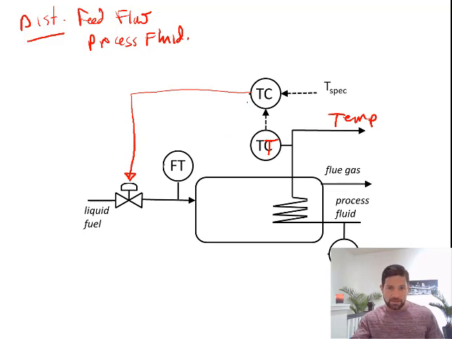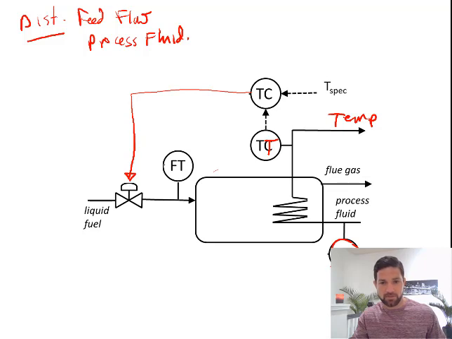Okay, so in this case, because our disturbance is a feed flow to the process, the flow rate of the liquid fuel that's being used to heat should be proportional to the feed rate of the process fluid. So we would measure the disturbance.